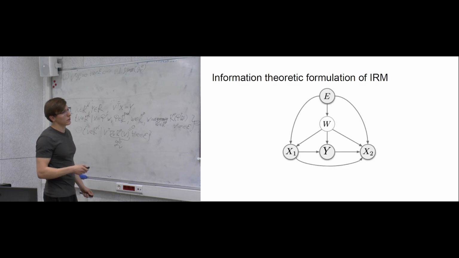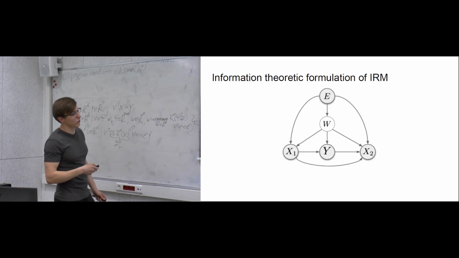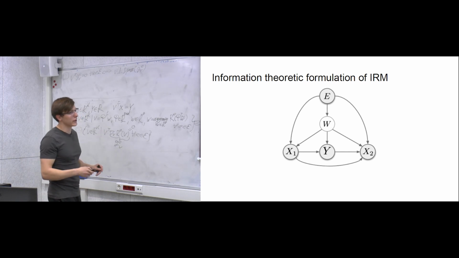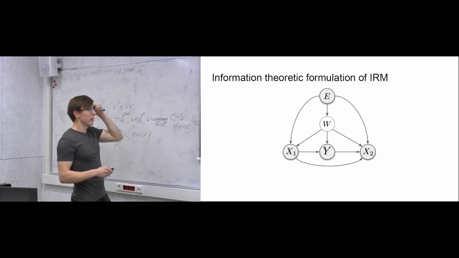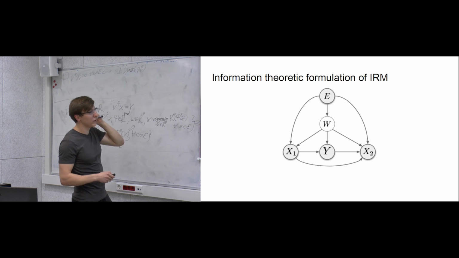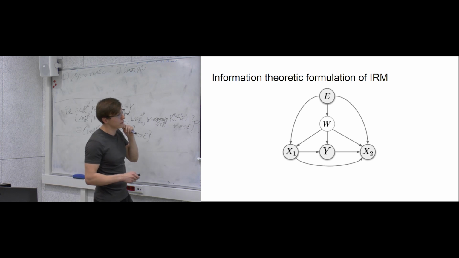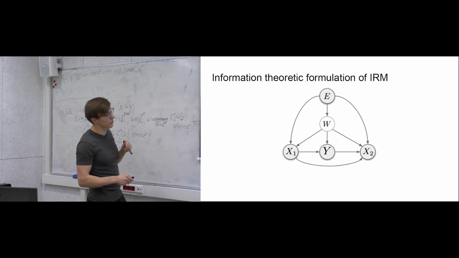The author of this blog proposes to look at our task in general like this Bayesian network, where we have environment, some latent variables or noise, causal features and spurious features, and of course output.